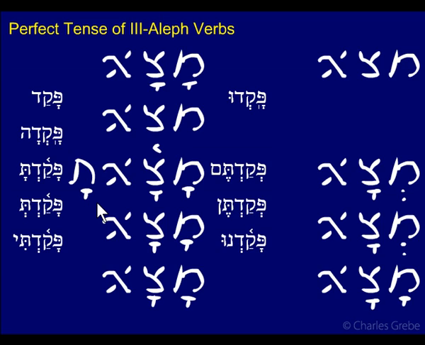Now the second thing I said, the first thing that happens is you get compensatory lengthening on the previous vowel. So patach goes to kametz. The other thing is that the dagesh lene disappears because when this quiesces, it now exposes the dagesh lene to this vowel. So in all these cases here, we put our endings on, but don't put your dagesh lene in.